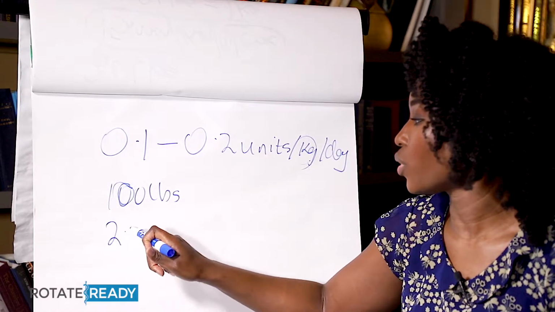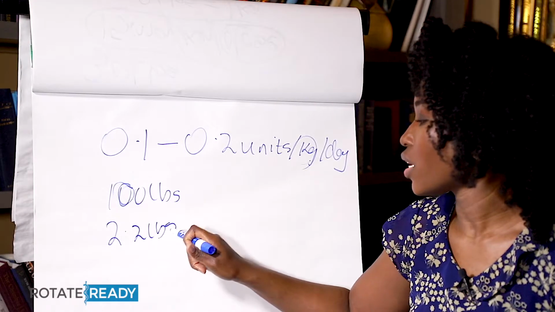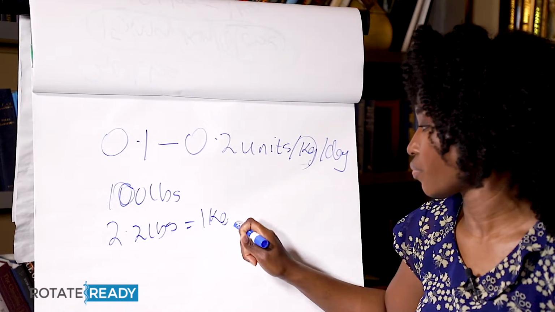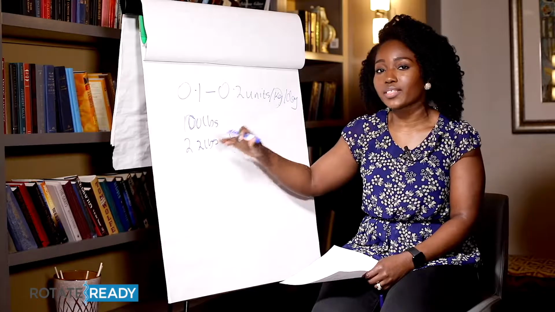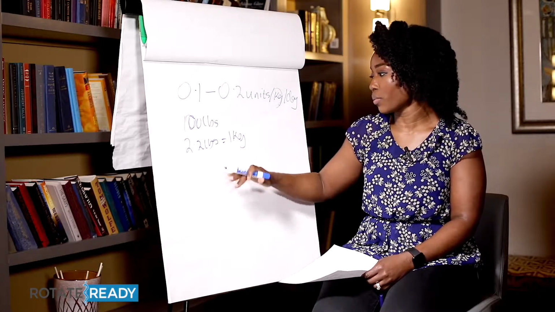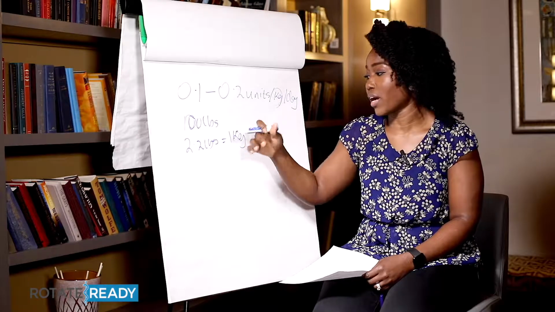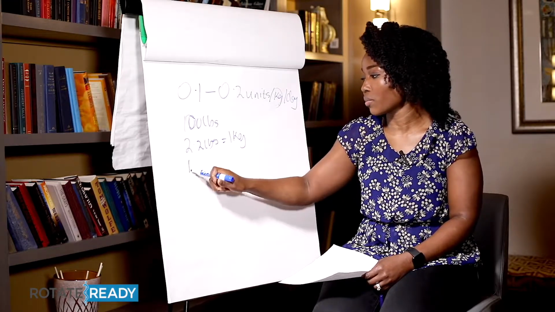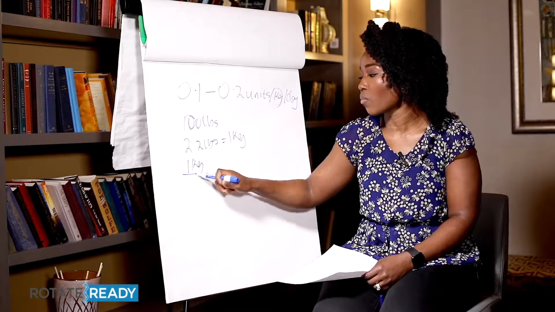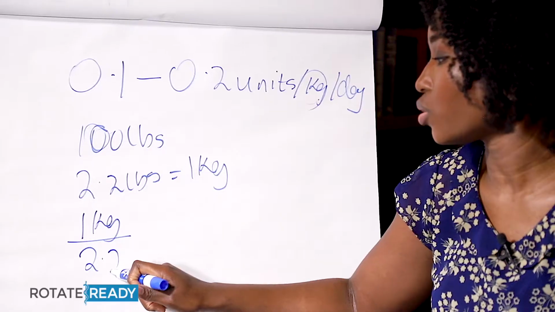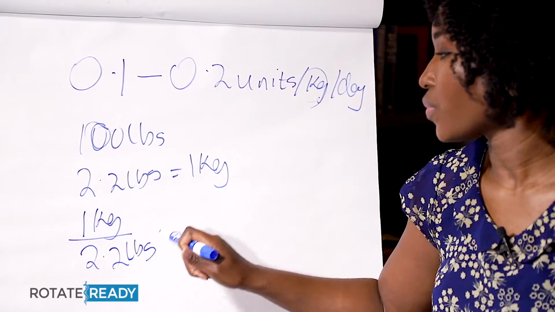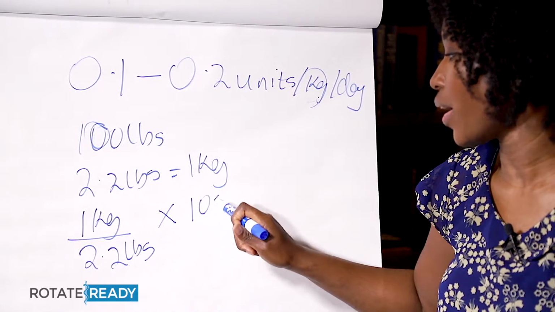So there are 2.2 pounds in 1 kilogram. Okay. So in order to set that up so that you're able to get your desired weight, you want to have what you desire. So the desired unit is kilograms. So I'm setting that up to have that on top. 1 kilogram in 2.2 pounds multiplied by 100 pounds.